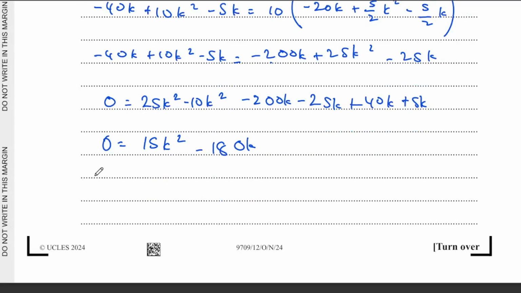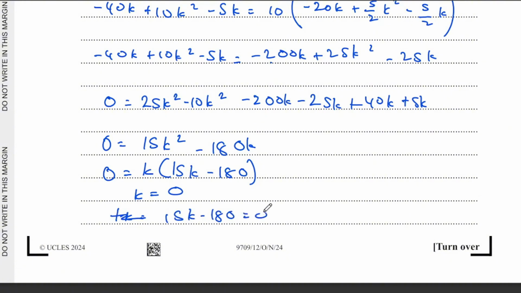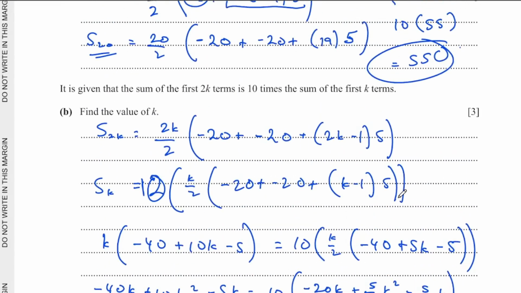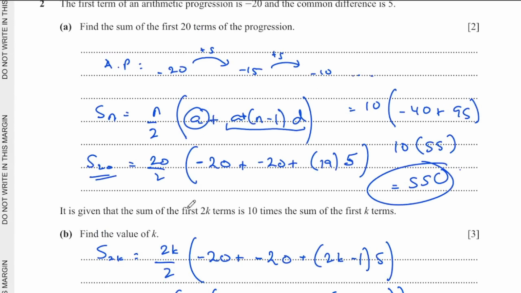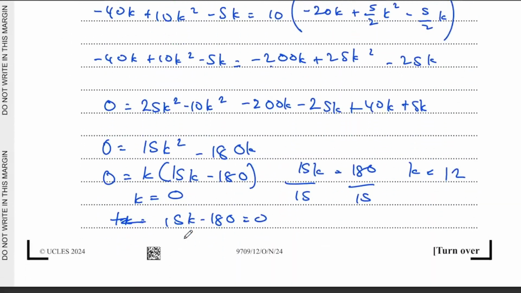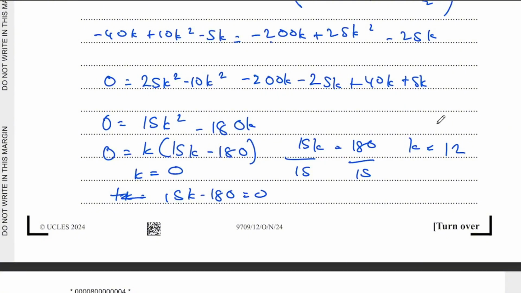And factor out k here like usual. 0 equals k times 15k minus 180, and so k is either 0 or 15k minus 180 equals 0, so 15k equals 180, divided by 15, k will just be 12. And the question says the sum of the first 2k terms, meaning obviously we can't have the sum of the first 0 terms, and so this would just be our answer.